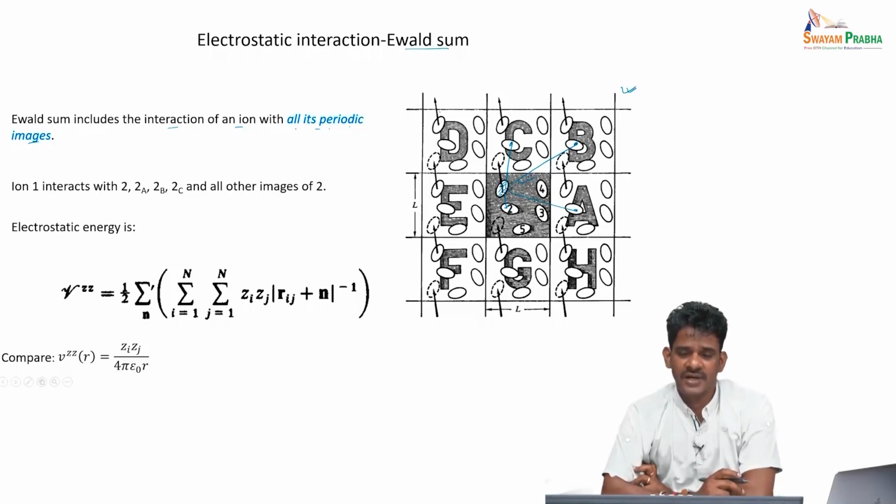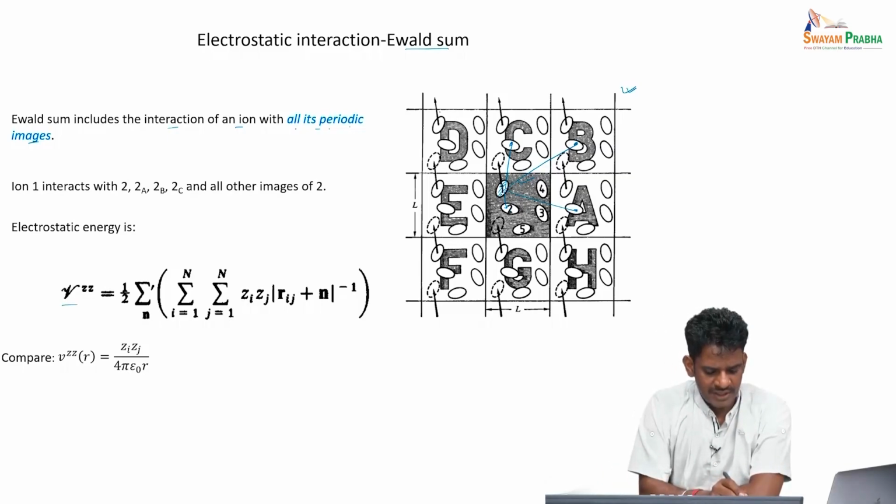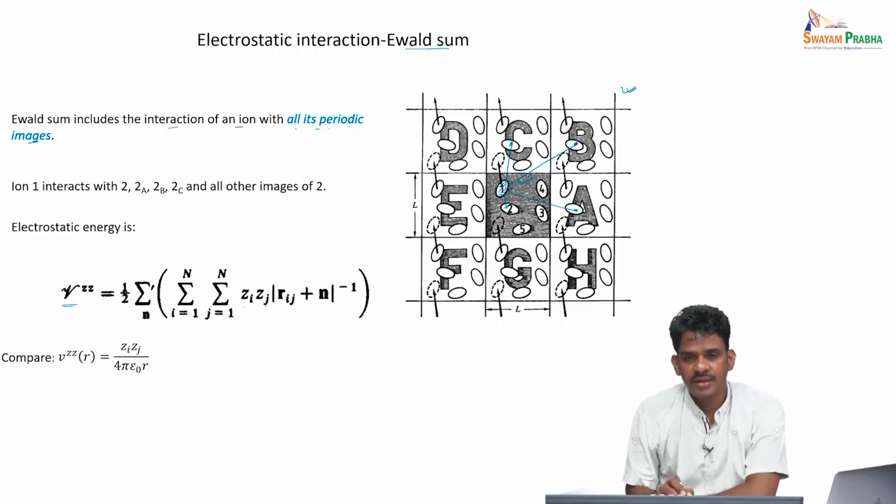If you want to calculate such long range interactions, the way you write mathematically the total Coulombic energy, or electrostatic energy, is basically a sum over all ions, i equal to 1 to N, similarly j equal to 1 to N, the product of the charges Zi and Zj divided by the modulus of Rij plus n.